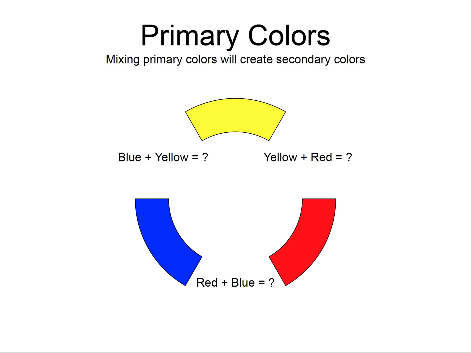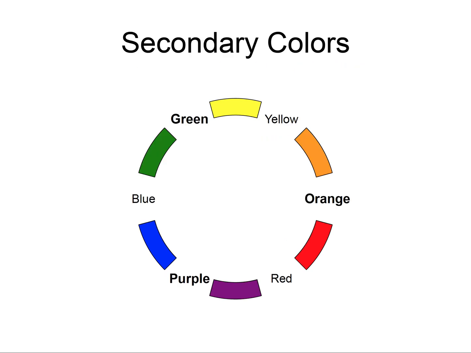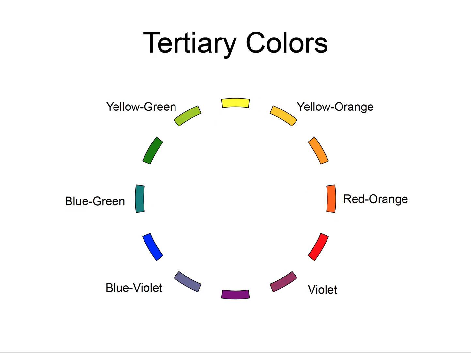And then when you mix 2 primaries together, you get secondaries. So a mixture of yellow and red creates orange, red and blue creates purple or violet, blue and yellow make green. Those secondary colors become very important in creating a rich palette. When you mix a secondary and a primary together, you get what's known as a tertiary.